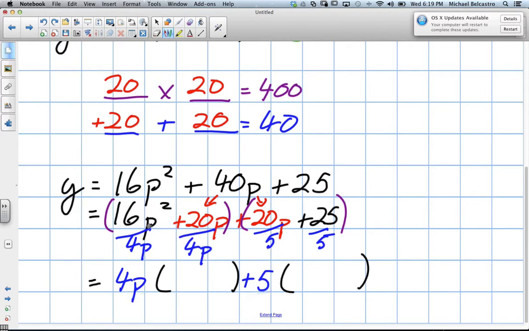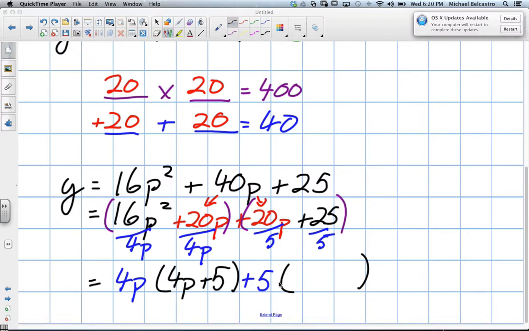So 16p squared divided by 4p. 4p, that's right. And 20p divided by 4p. 5p. 5. Now, do I keep the p? No. What happens to the two p's? They cross out, that's right, they cancel out.